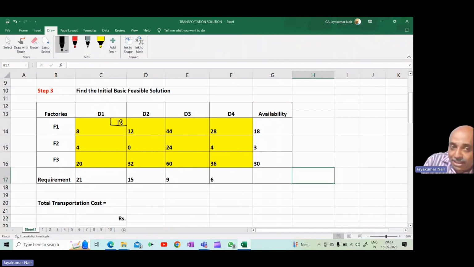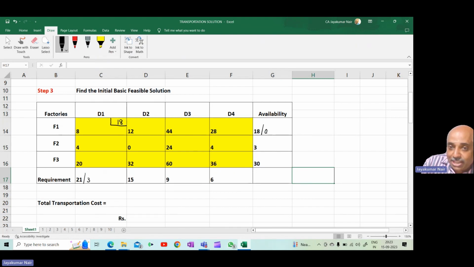So from factory 1, you have transported 18 units to destination 1, which means the availability will become 0. Whereas here, the requirement will be reduced to 3, because it requires 21 units and already 18 units have been transported, so it requires another 3.